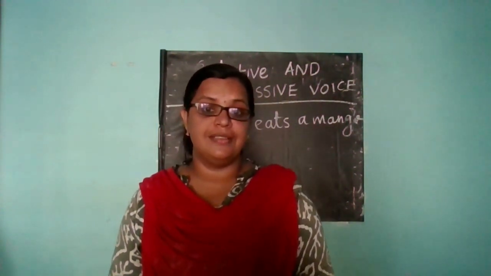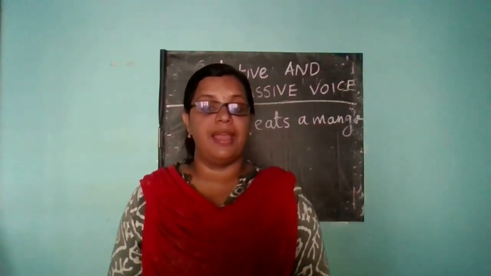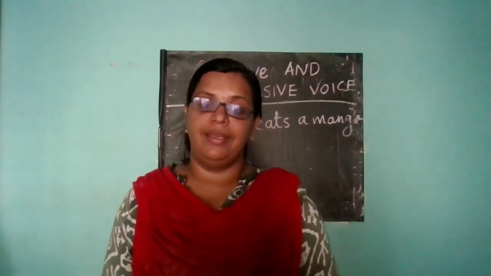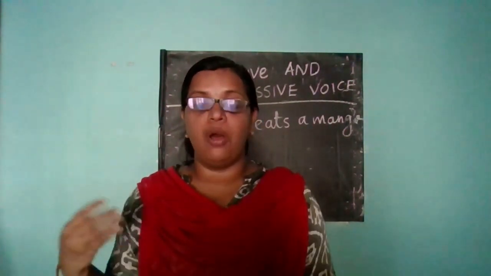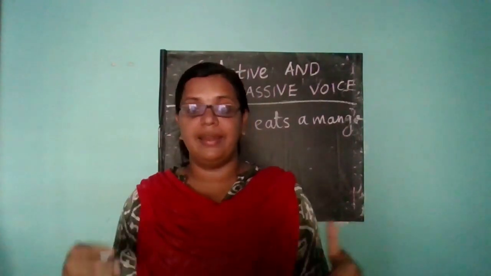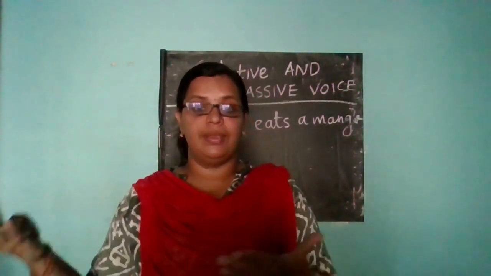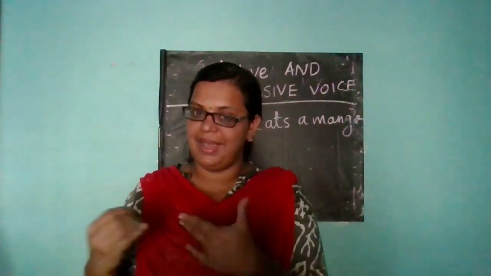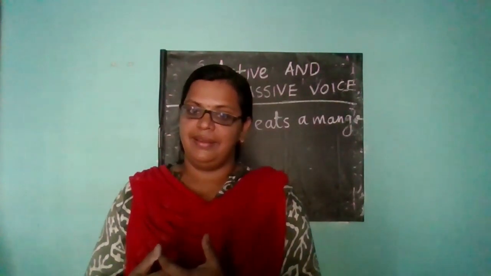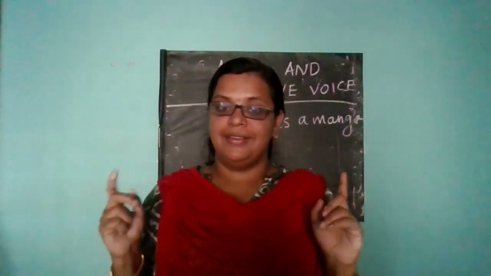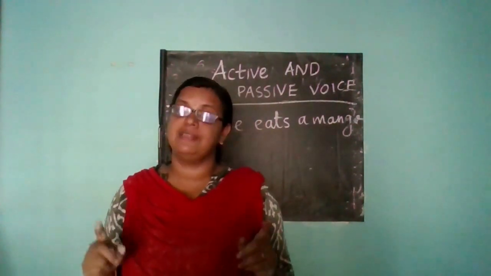Then what about past tense? You know that most of the verbs form their past tense by adding D or ED to the base form. Some irregular verbs form their past tense in an irregular way. For example: give, gave; come, came; speak, spoke; go, went. I already told you to learn by heart the chart given in your textbook in the past tense lesson.